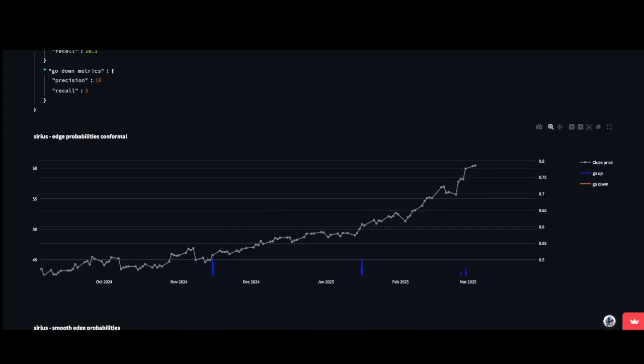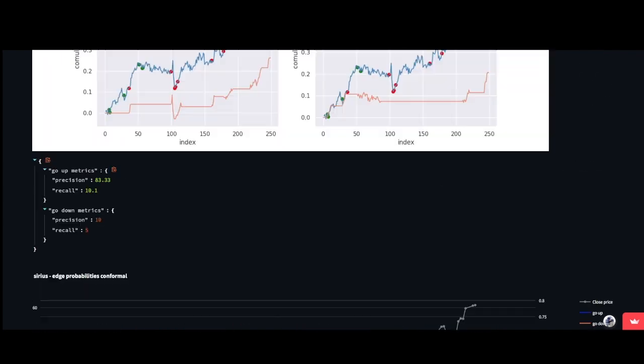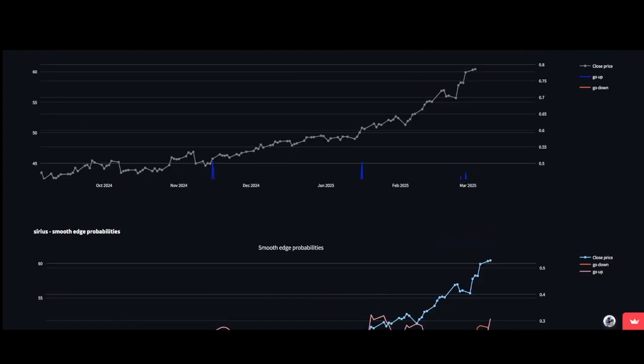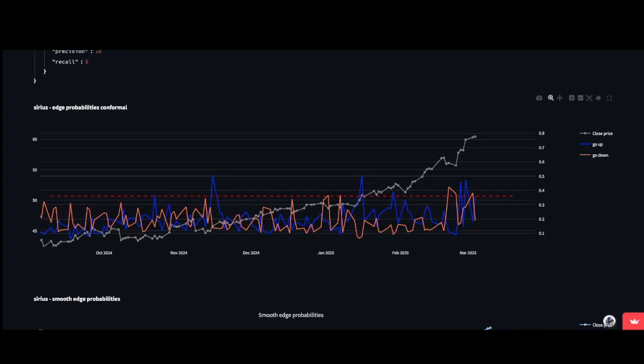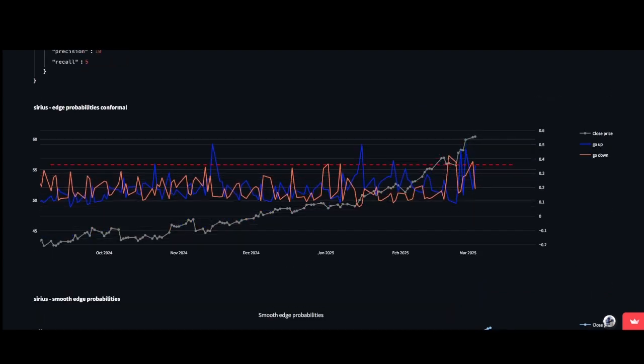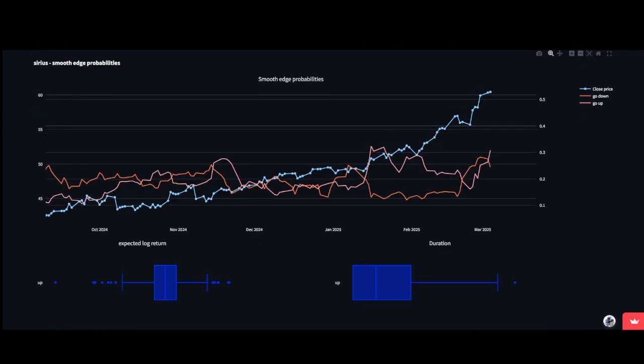Yeah, as I expected. But the precision of going down is weak, so we can rely on the probability that this stock is going down being significant. But we have some signals a couple of days ago. Yeah, it could be a good stock.